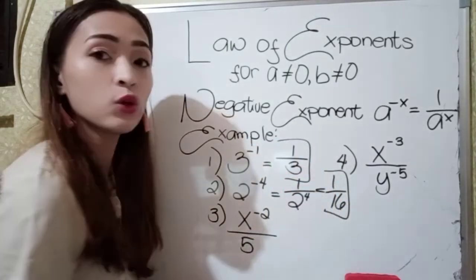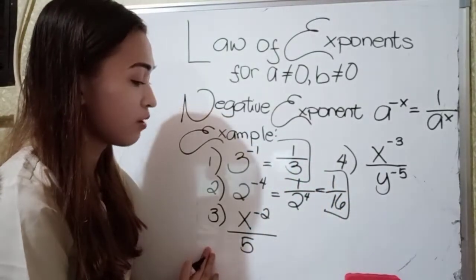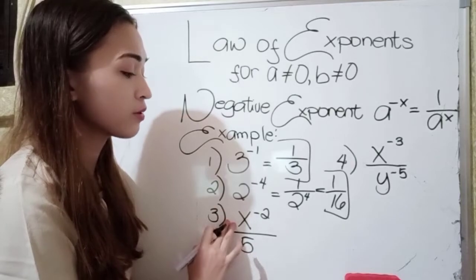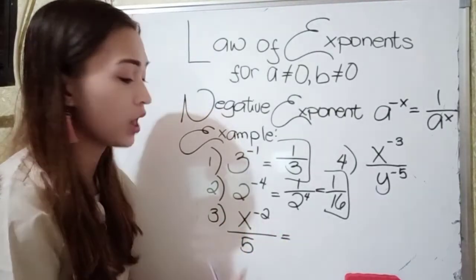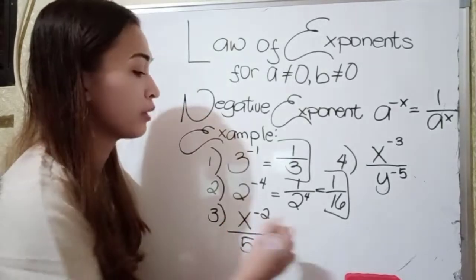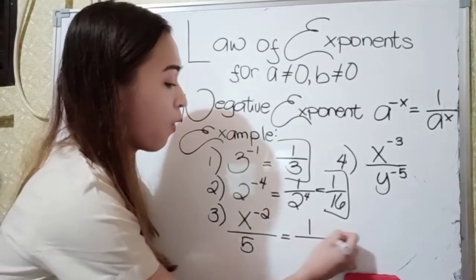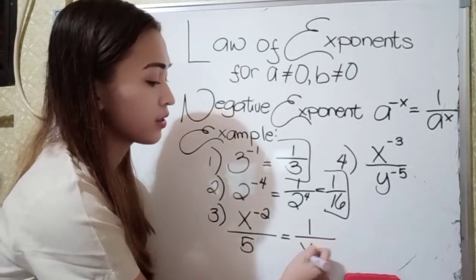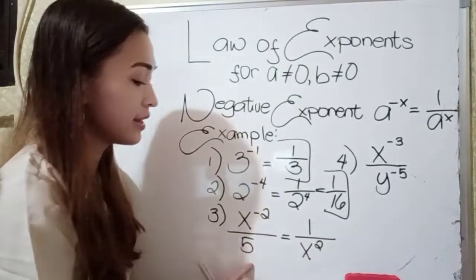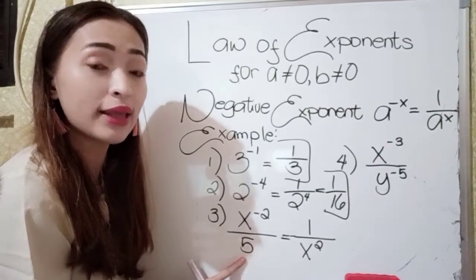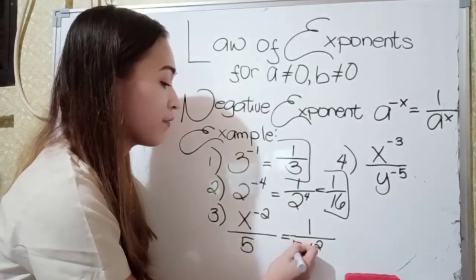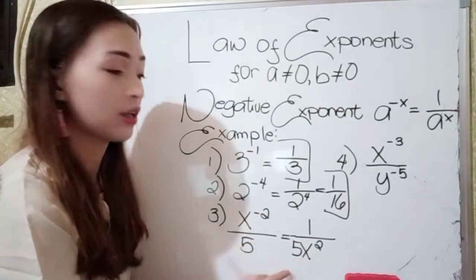Next, in number 3, we have x raised to negative 2 over 5. Just get the reciprocal of the numerator, so it will become 1 over x squared. But since we have 5 here, and it is not raised to a negative exponent, 5 is still in the denominator.